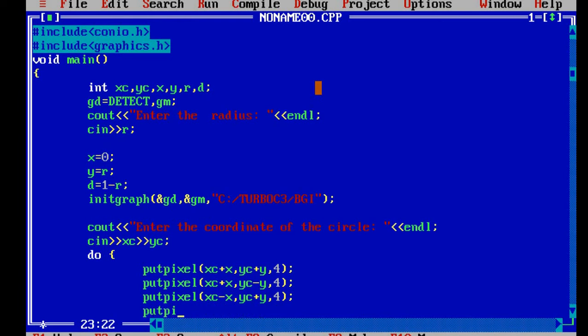Putpixel xc minus x, yc minus y, comma 4.